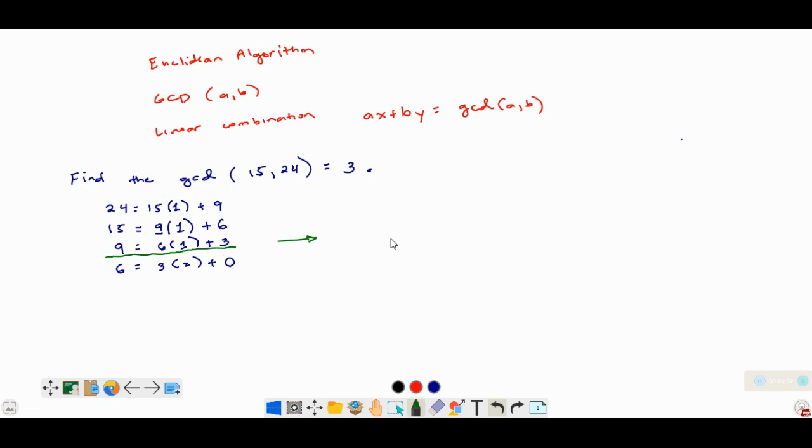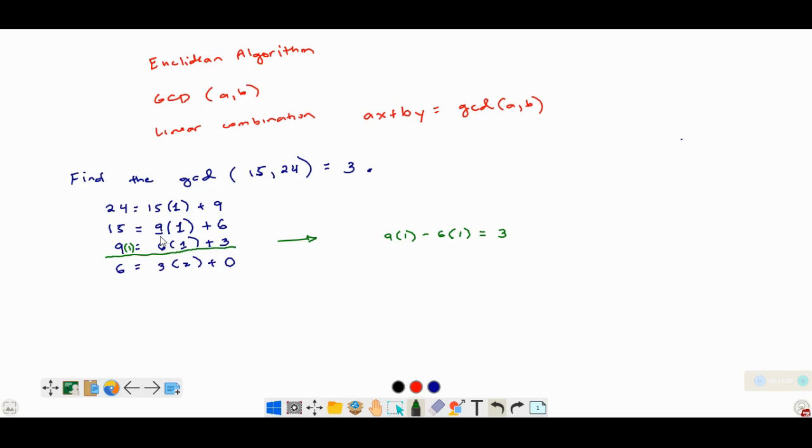So this is 9 times 1 minus 6 times 1 is equal to 3. How did we come up with this value? So 9 multiplied by 1 is equal to 6 times 1 plus 3.